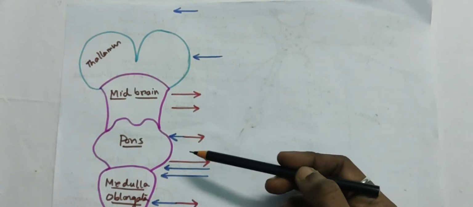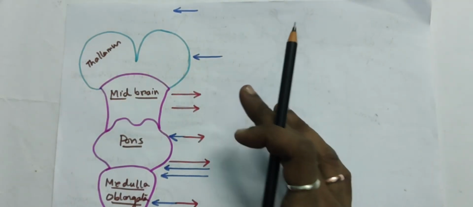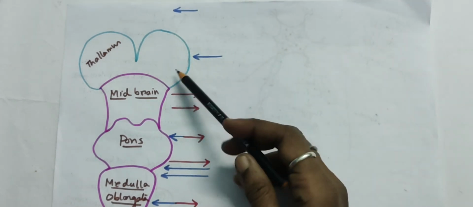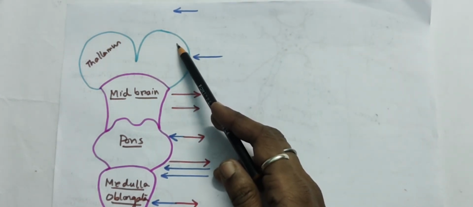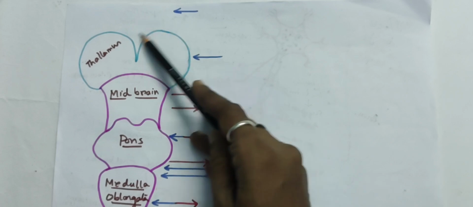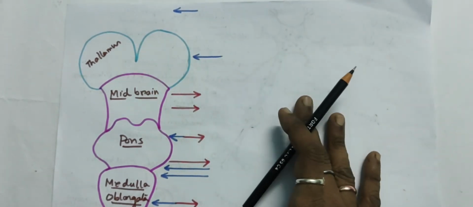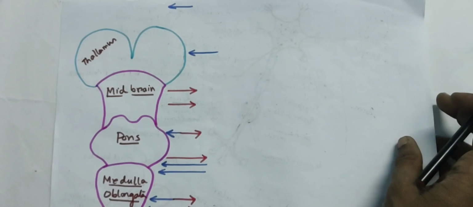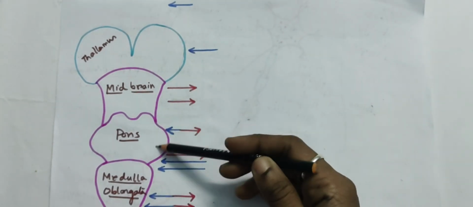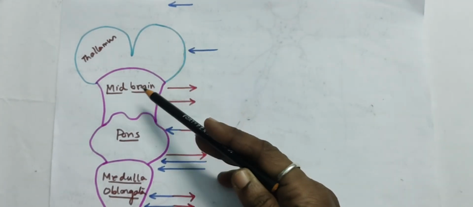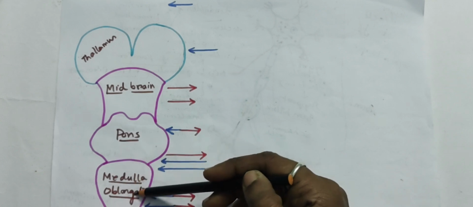Here in this diagram, I am showing you a part of the brain. I am showing you from the thalamus. Above the thalamus, there is the cerebrum. Most of the cranial nerves originate from the brain stem. Below the thalamus, there is the midbrain, pons and medulla.